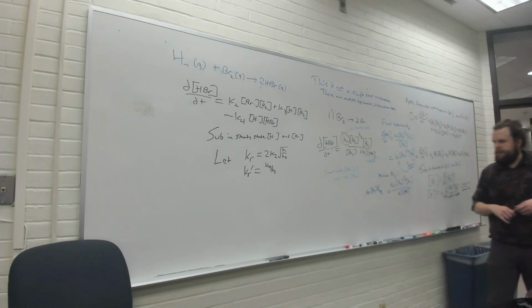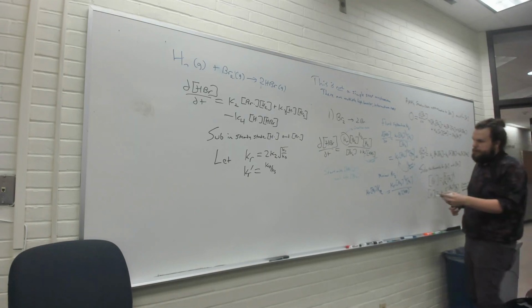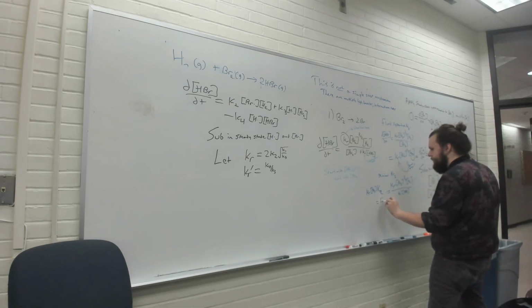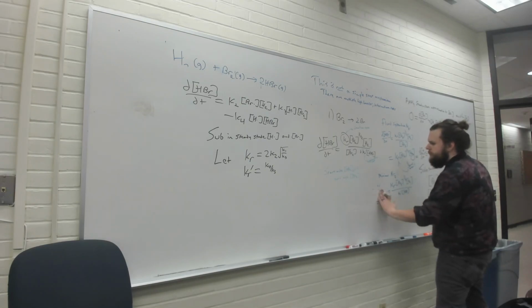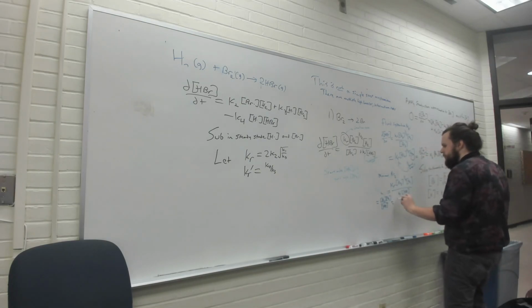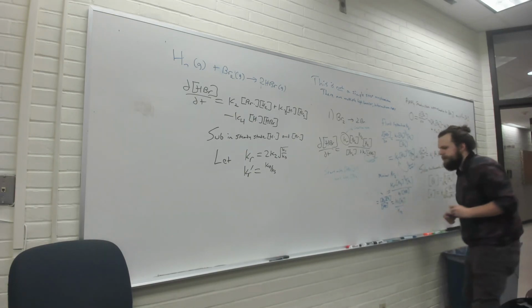So the kinetics are still weird, but this Keq looks like Br2 H2 over HBr. Actually, this is 1 over Keq. So this is equal to the reaction rate times the bromine concentration divided by the equilibrium constant of the reaction.